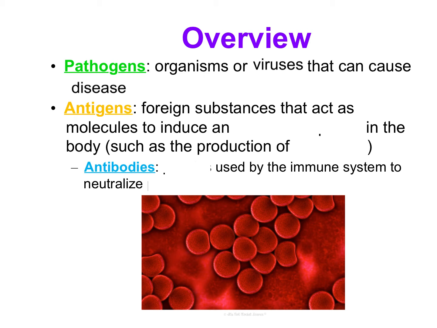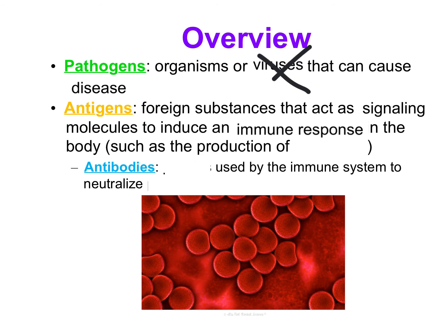Notice that we said "or viruses" because technically viruses do not count as living things, so that's why we include the word "or." But either one, bacteria, organisms, or viruses, act similarly in the body in that they cause the formation of antigens. Antigens are foreign substances that act as signaling molecules to induce an immune response in the body.